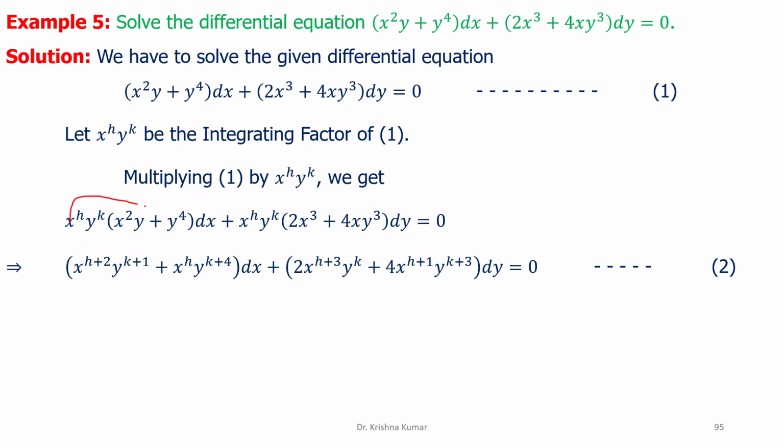Similarly, x^h into x⁰ is x^h, and y^k into y⁴ is y^(k+4), all times dx, plus similarly x^h into 2x³ gives 2x^(h+3) y^k, plus x^h into 4x gives 4x^(h+1) y^(k+3), all times dy.